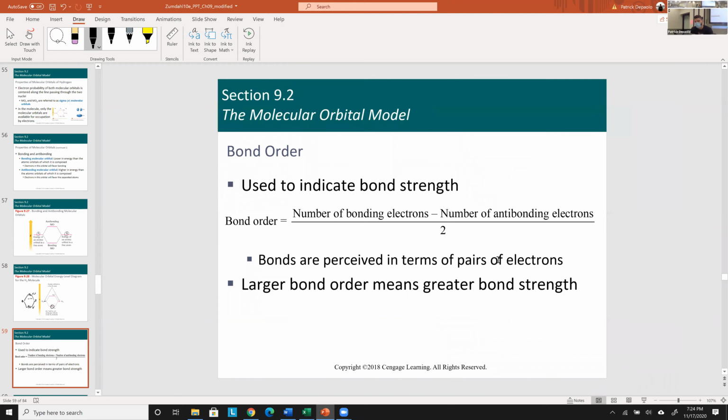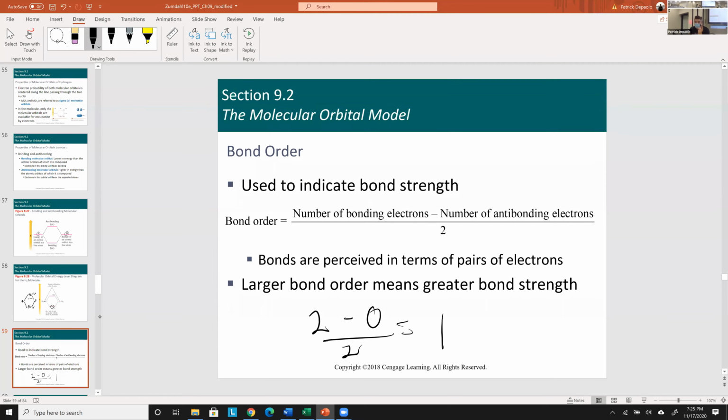The way you figure it out is the number of bonding electrons, so the number in the lower tiers, minus the ones in the upper tiers, divided by 2. So for that hydrogen example, you had 2 in the lower tier minus none in the upper tier, divided by 2, which equals 1.